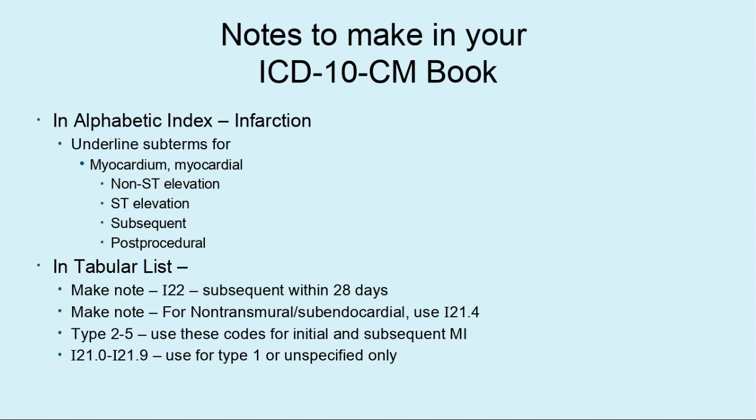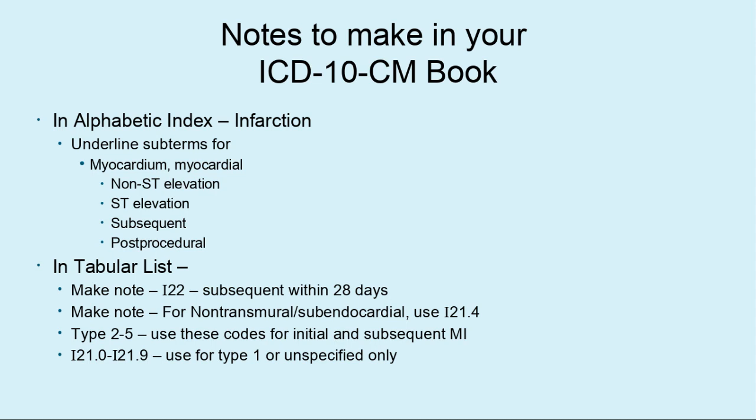So I would suggest that you underline cerebral and myocardium so that you can find those quickly and don't get confused and go to the wrong category. Under myocardial infarction, you might want to underline non-ST, ST, subsequent, and post-procedural, or anything else that you think will help you. Make your book work for you. Do what you need to do to help you find the correct code.